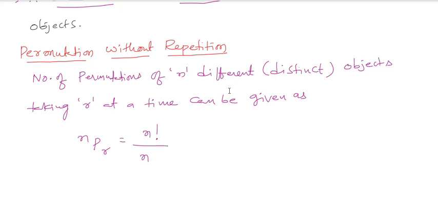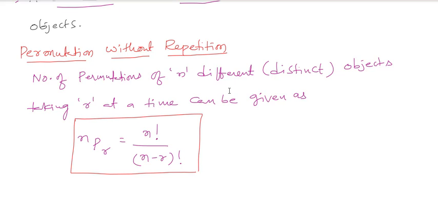So this is the part of permutations without repetition. There is no repetition here. Getting what I'm saying here?